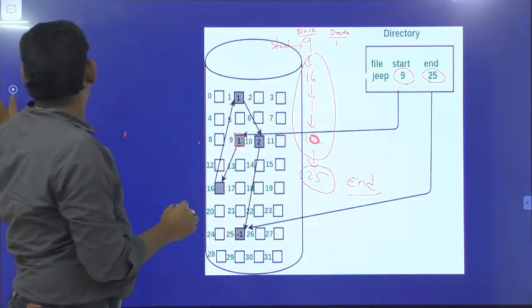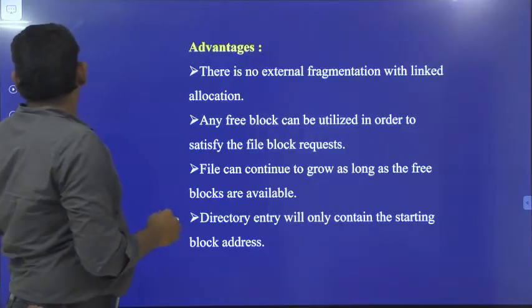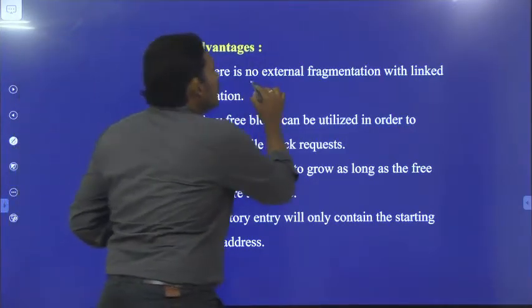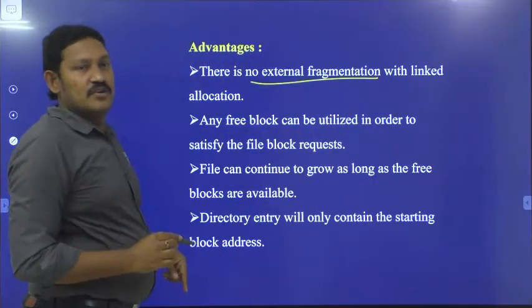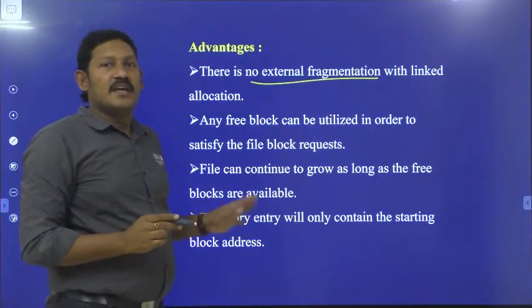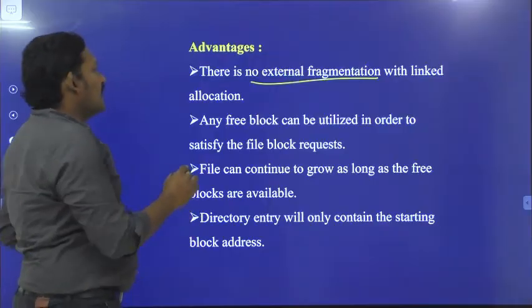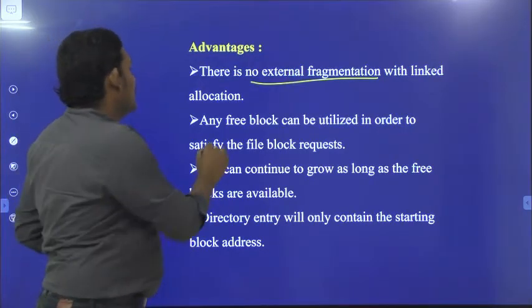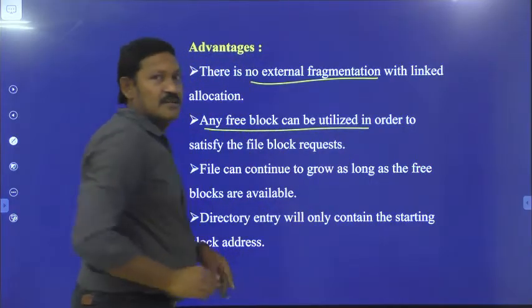For linked list, we have some advantages here also. There is no external fragmentation. If you use the linked list concept, there won't be any external fragmentation. And we can utilize any free block. Any free block can be utilized.